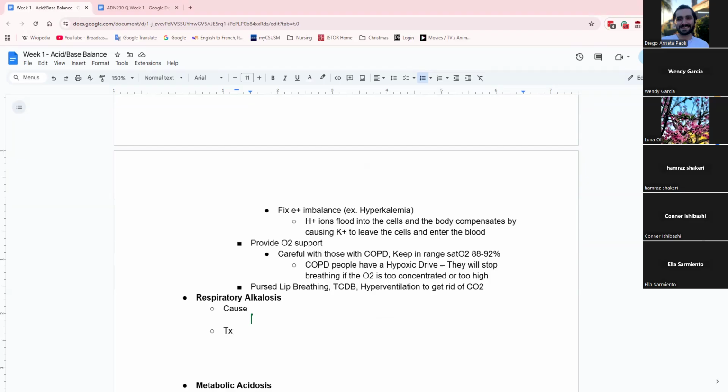This is an interesting, tricky one. When somebody's having an asthma attack, what is their expected progression when it comes to acid-base balance? Someone that's having an active asthma attack.